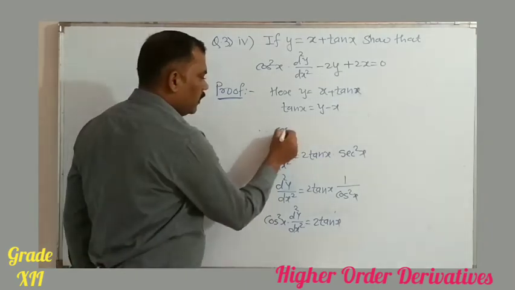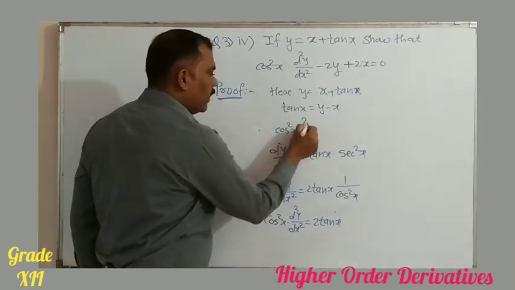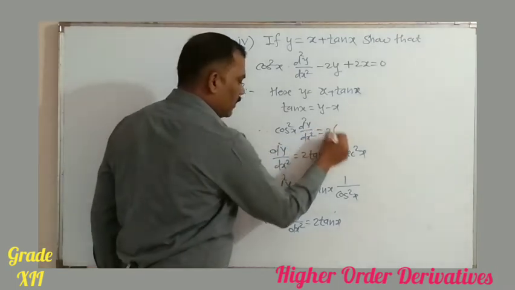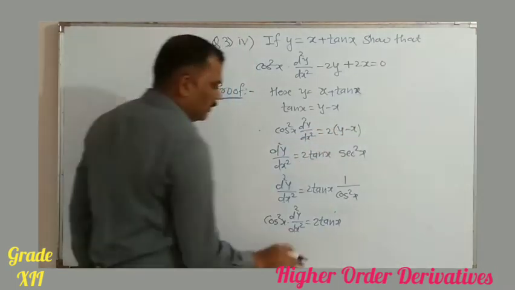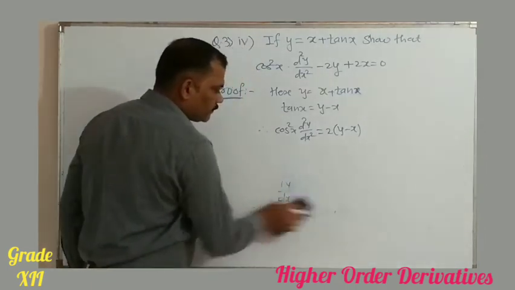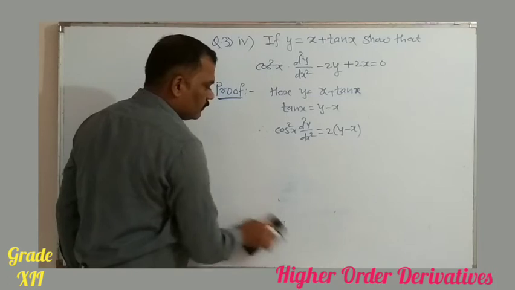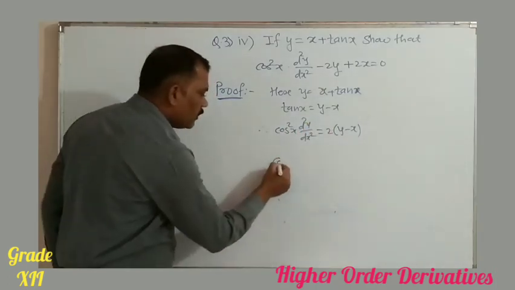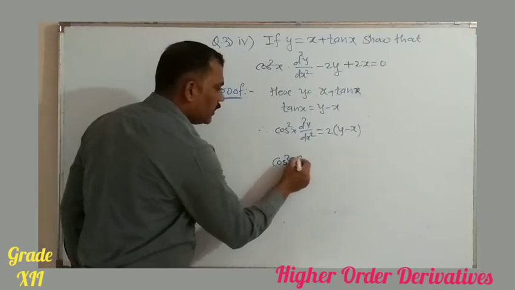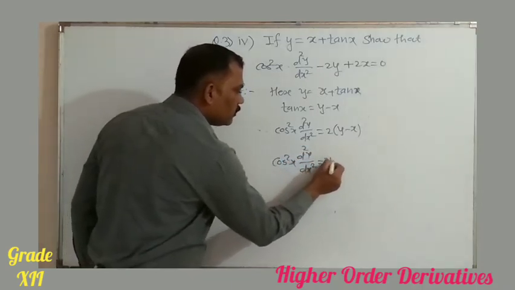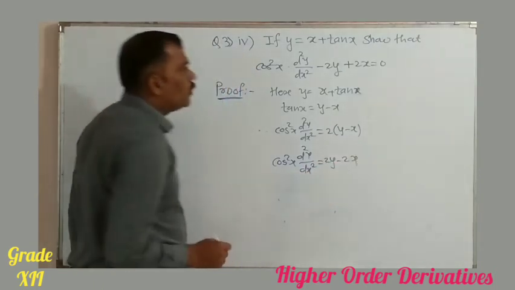Therefore cos square x d2y by dx square is equal to 2 times y minus x. Multiplying by the 2 inside the bracket, we get cos square x d2y by dx square is equal to 2y minus 2x.